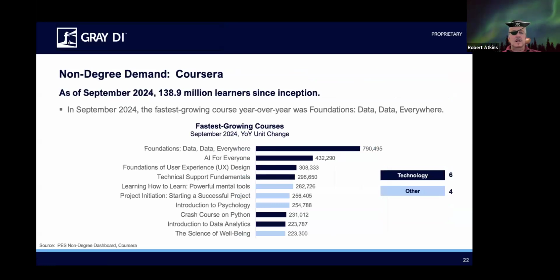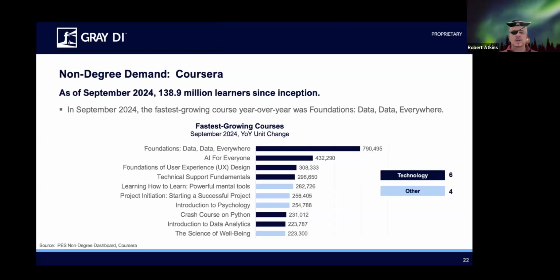Now, if we dig in, many of you ask us to give you some more detail. How can we understand what's likely to grow that's really not a program today? That's a new interest, something that we're not going to find in IPEDS. And where we go hunting for that is in Coursera, because courses can be launched in Coursera with very low cost. People do that. And in effect, it's this giant experiment.